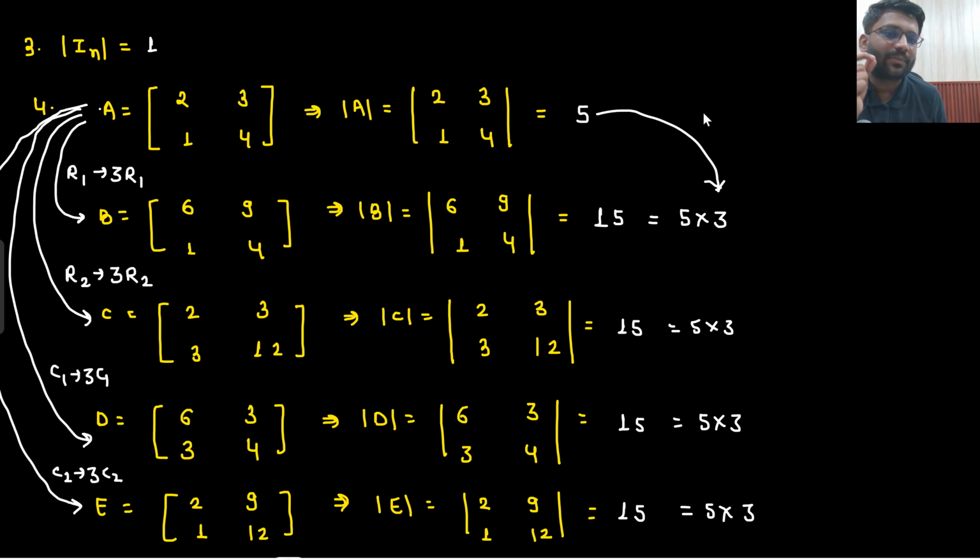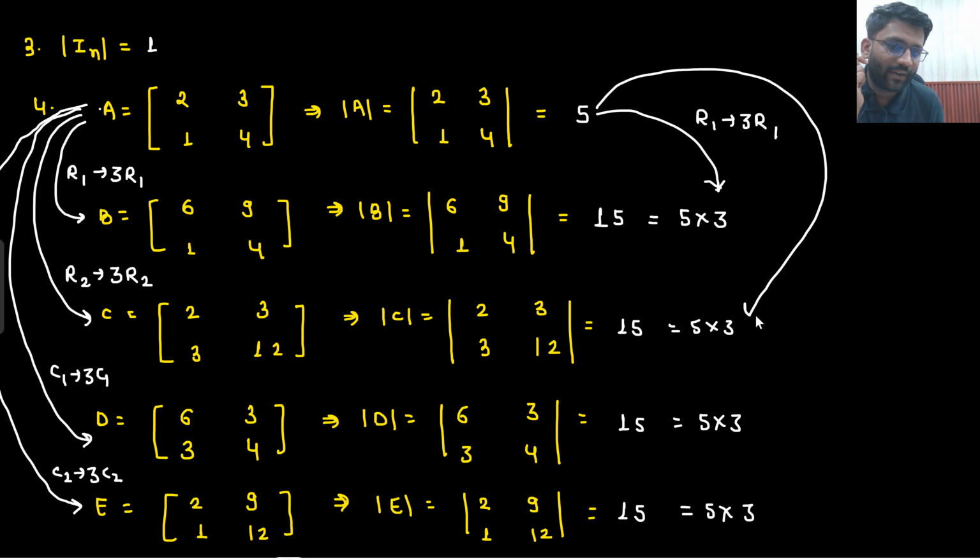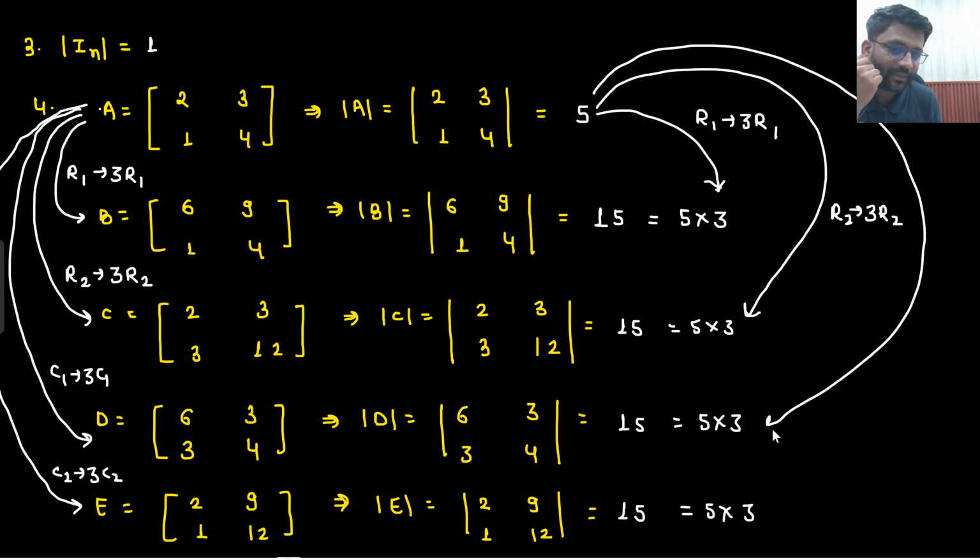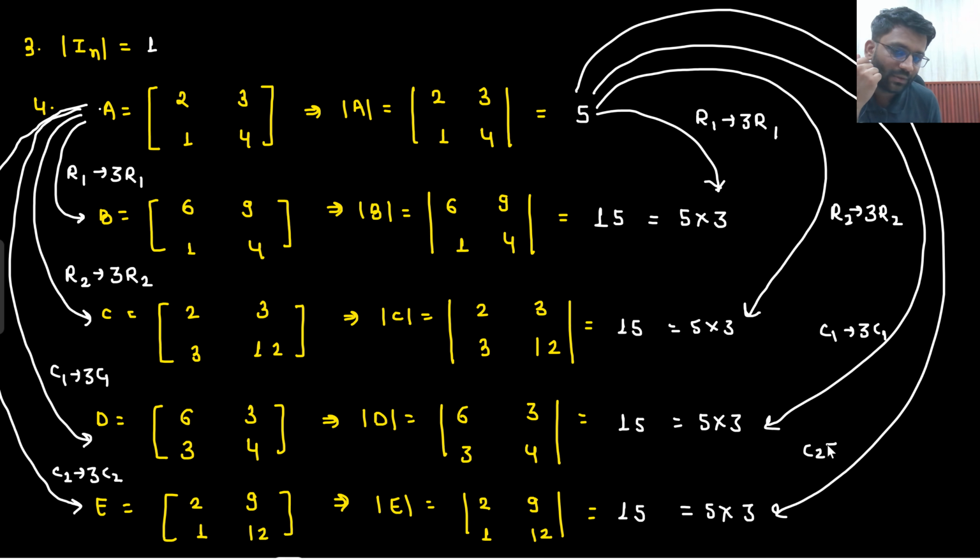That means one of the rows was multiplied with 3, or one of the columns was multiplied with 3, or the other column, which was C2, was multiplied with 3. So when your determinant value is being multiplied with some constant value, that means that particular value was multiplied in one of the rows or in one of the columns. Is that understandable to you or not?